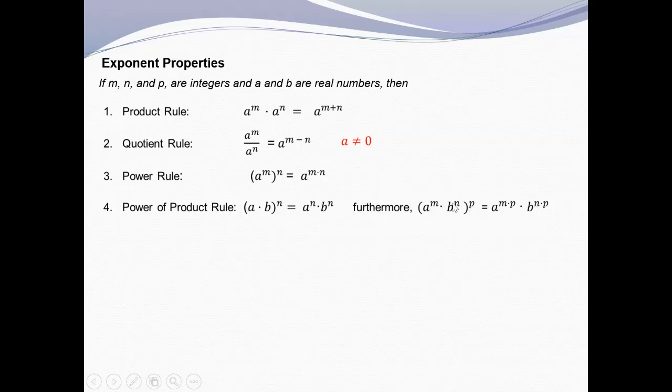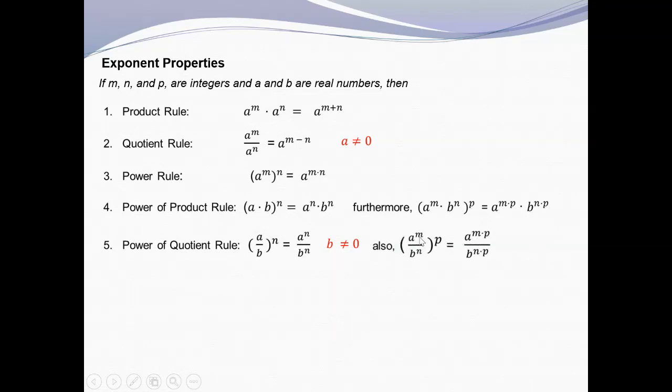So in other words, you distribute the power, m times p and n times p. Power of quotient rule is going to be a to the n divided by b to the n. And furthermore, it works similar to the power of product rule. If you have a to the m divided by b to the n, it's going to be a to the m times p divided by b to the n times p.